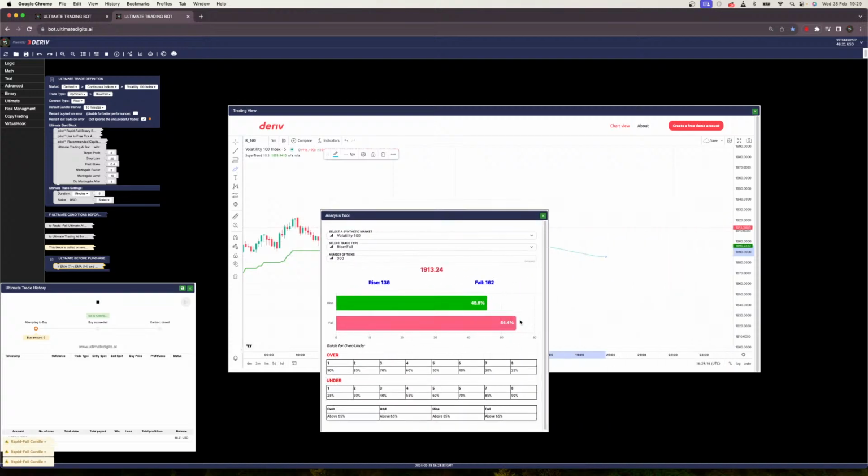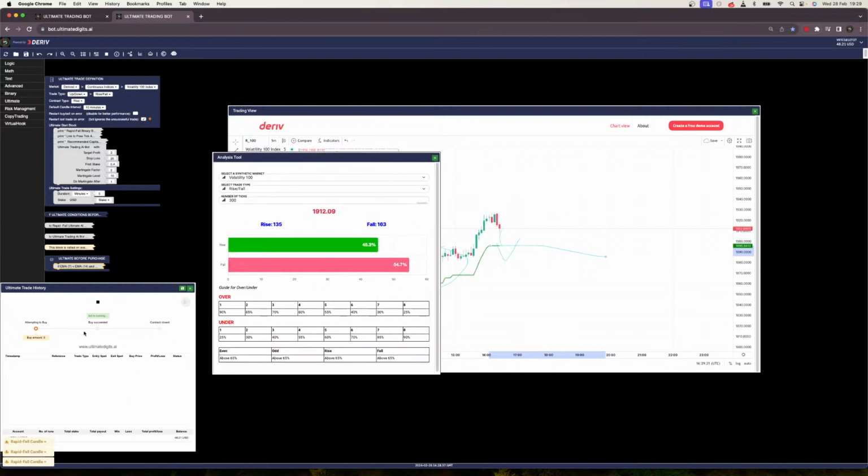You can see the current real-time trend is on a downtrend, so the bot may take its time before taking a trade until this changes and the rise is at least above 55%. That's when maybe the binary bot will execute a trade.